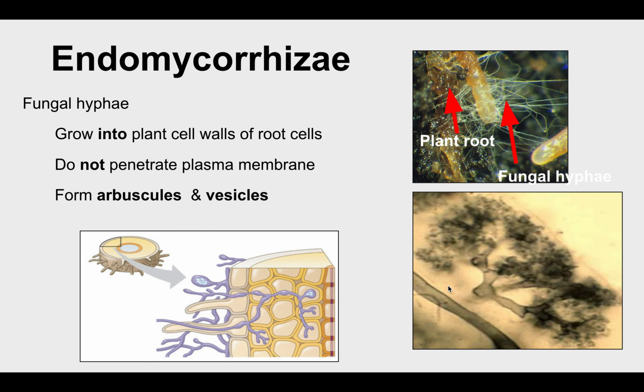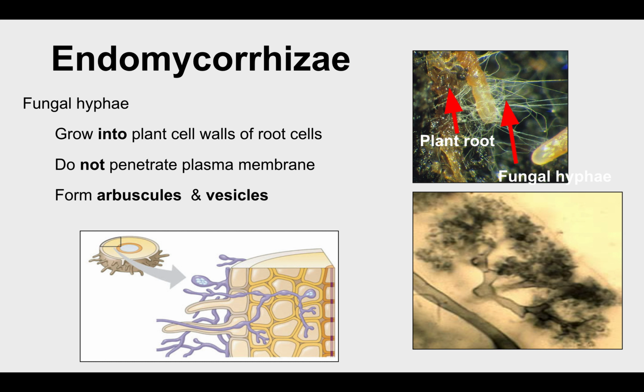We can also have, like I said, endomycorrhizae. So these mycorrhizae will grow around the root, but they will also penetrate into the roots themselves. Now, they do not grow into the cell. They are never going to penetrate the plasma membrane.